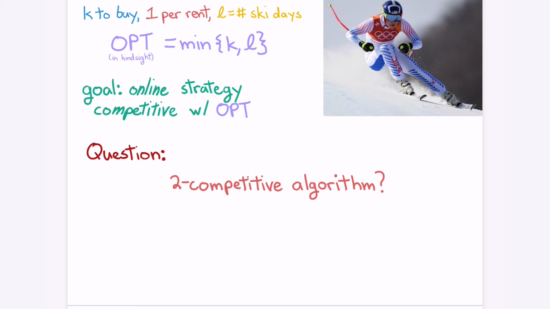This will be a factor two approximation. The idea is, it costs $100 to ski, $1 to rent every day. On the 100th day, I'll finally buy. So I end up spending $199. For skis, I could have paid just 100 in hindsight.